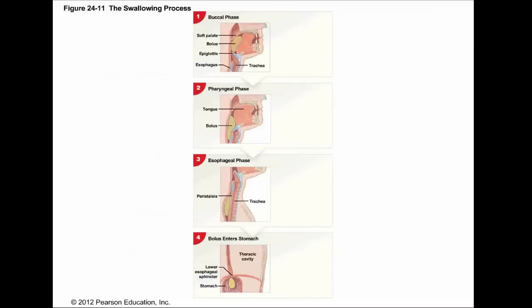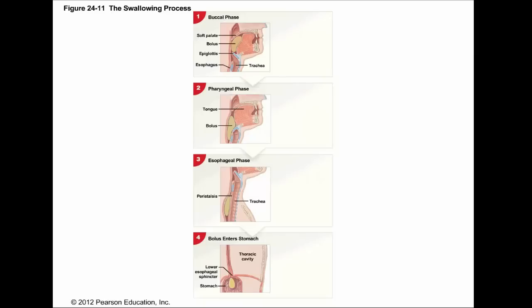Here we have the buccal phase, the diagram showing you what we'll call the bolus, or the food, moving through the buccal phase, moving through the mouth. The tongue rises up, sits against the hard palate, forces what we've got in our mouth down to the epiglottis. You can see there, and you can see quite clearly the trachea. The epiglottis moves down, covers the entrance to the trachea so that the food moves past the trachea down the esophagus.